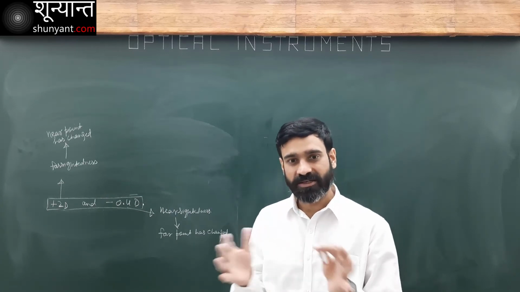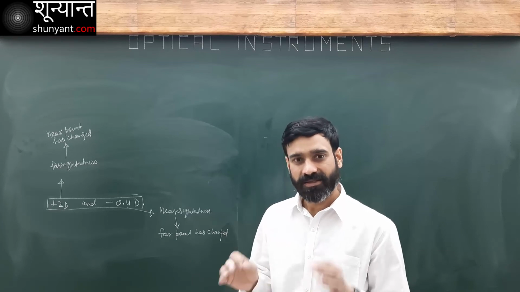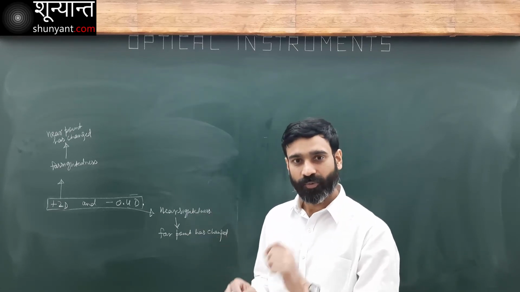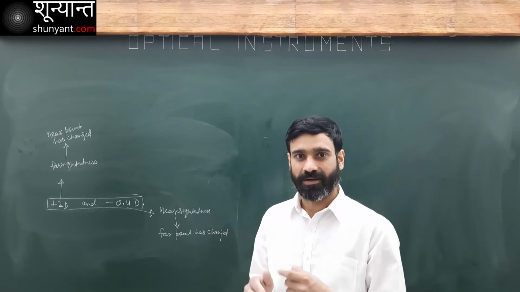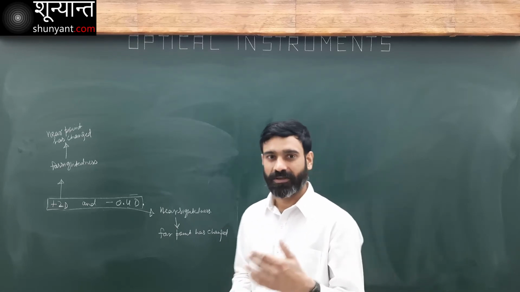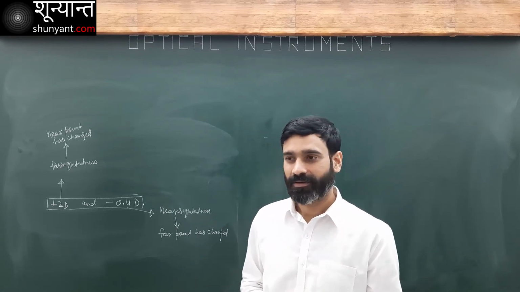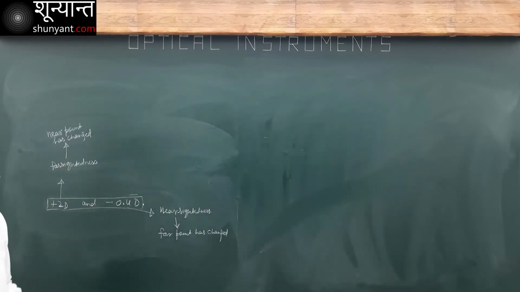So if an aged person is using spectacles to correct his vision, most probably that person is using a convex lens, a positive power. That is the general, most common thing. Of course, any kind of defect can happen to anybody at any age. There is no control. You understand that.